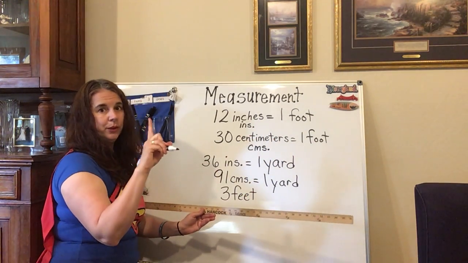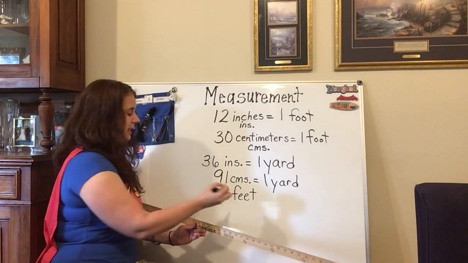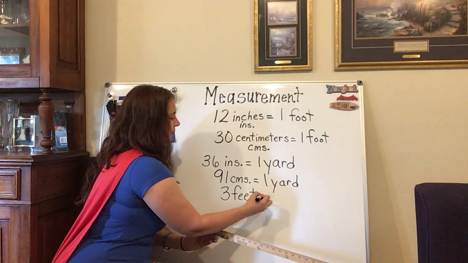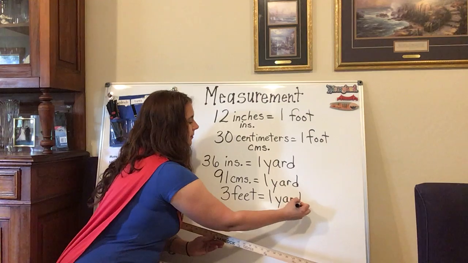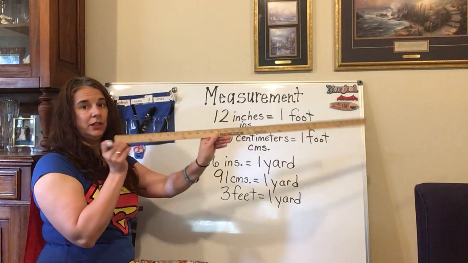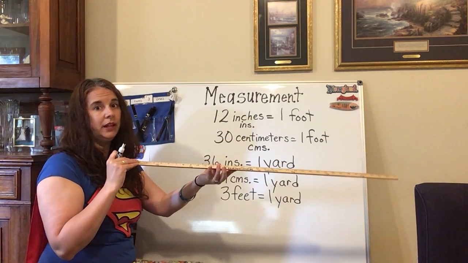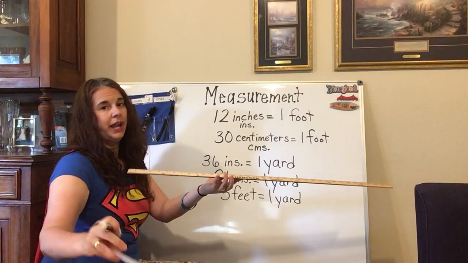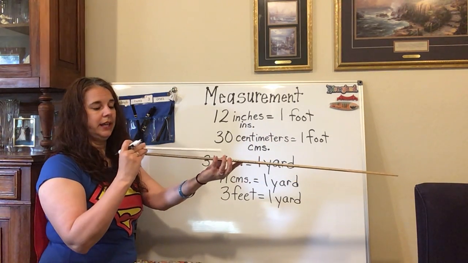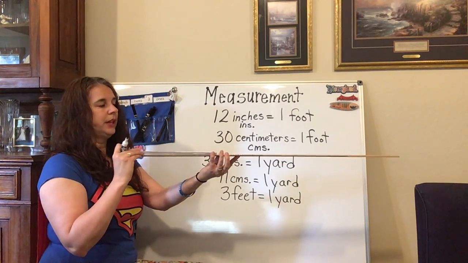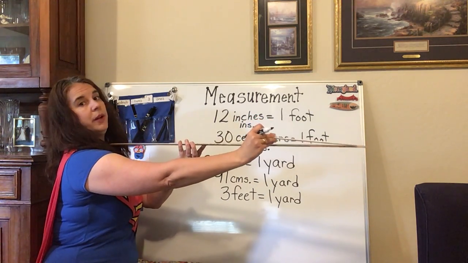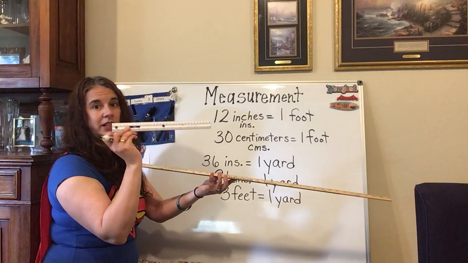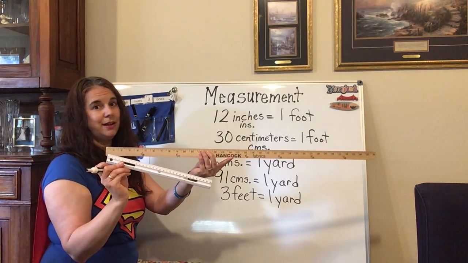Foot is if there's only one. Feet with the 2 E's makes it plural. 3 feet equals 1 yard. And we did that in class. We put this yardstick ruler on the carpet, on our floor, and then we had our helpers, our friends, and we did this. We put the ruler on top, and the ruler on top, and the ruler on top, and we were like, oh my goodness, it took 3 feet to make 1 yard.